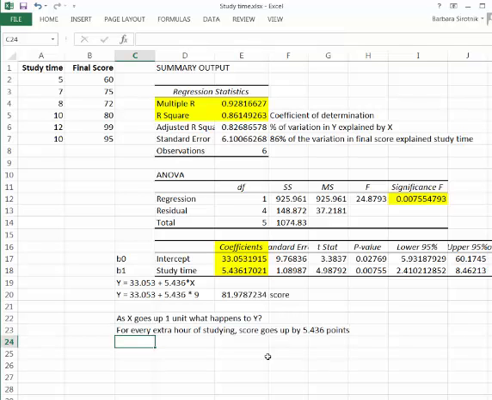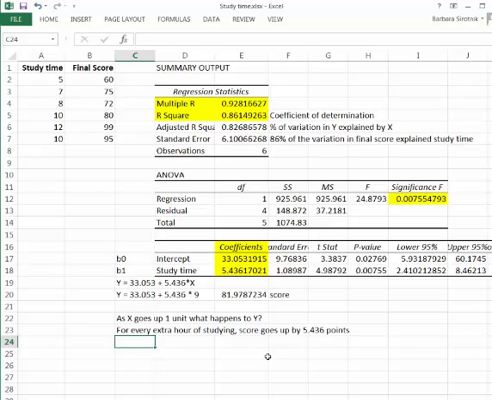So now you can do your strategic planning and say, gee, if I want to increase it from 9 hours to 10, how much will that on average increase my score? 5.436.